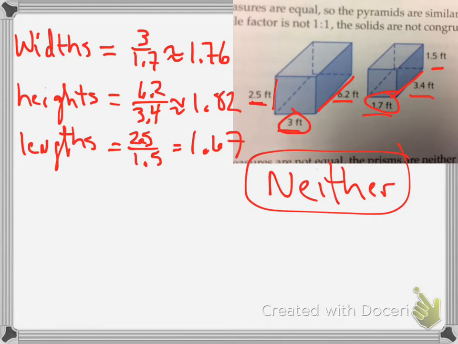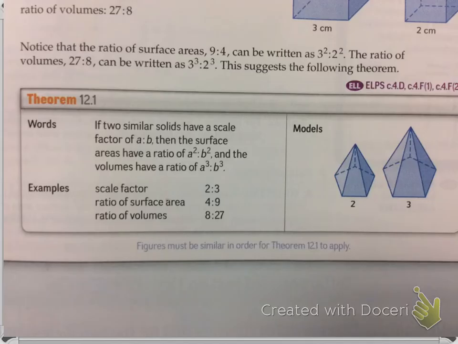Okay? All right, so that leads us to the next part. If we know that the things are similar, then we can say that the scale factor is a to b, for areas a squared to b squared, and for volumes a cubed to b cubed. So what does that mean?